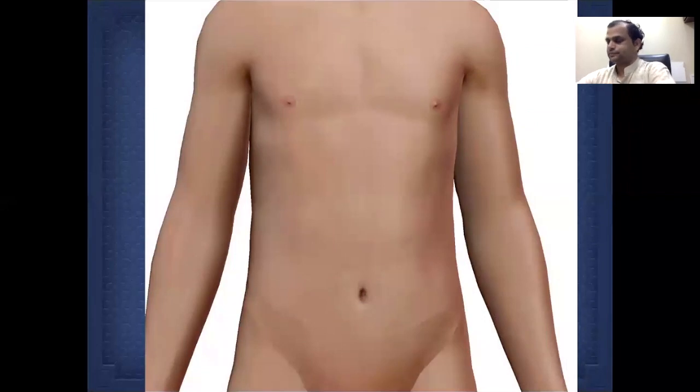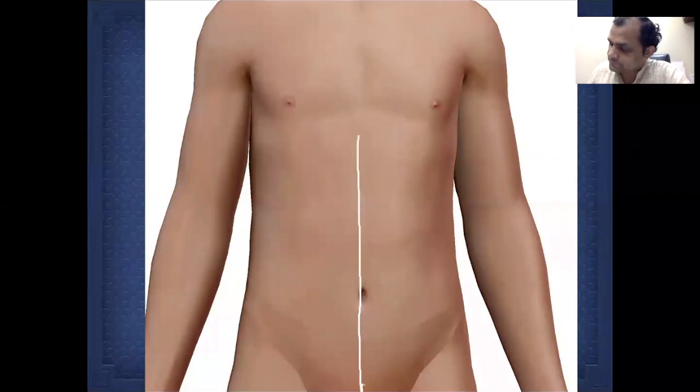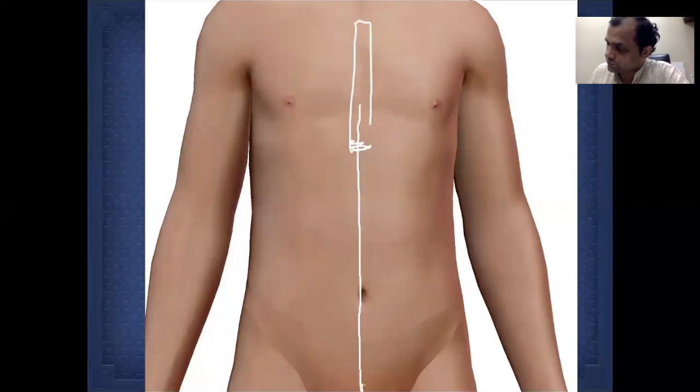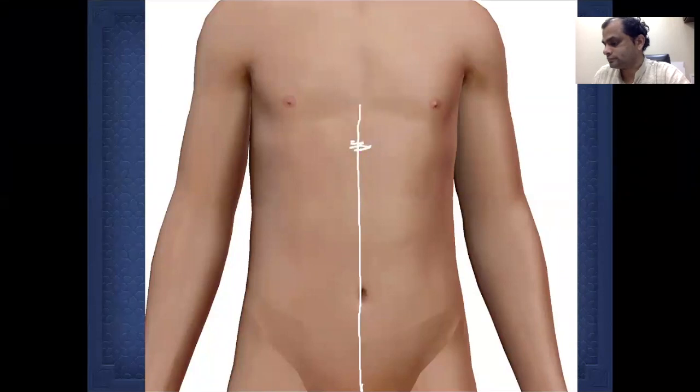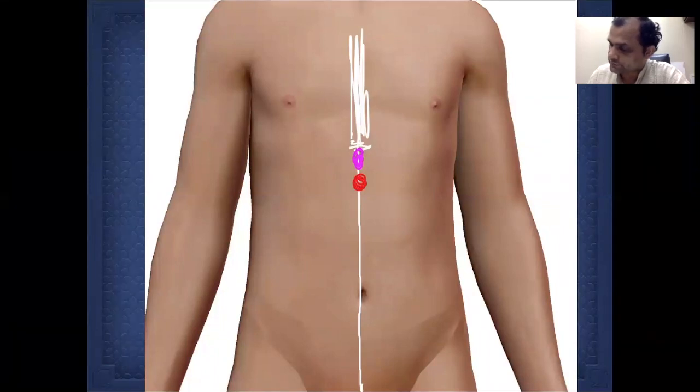Look at this image. This is the central line. This is the chest bone. Below the chest bone, this is the location of brain. The second is the location of heart.